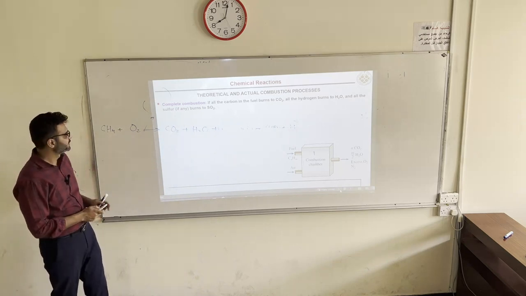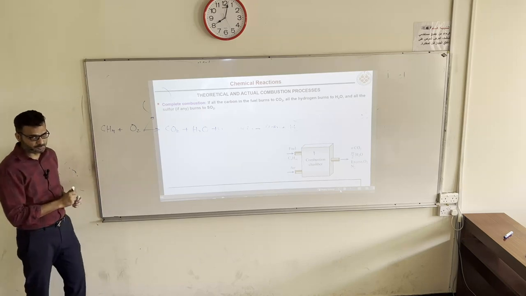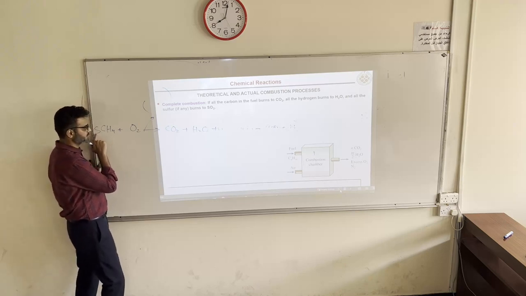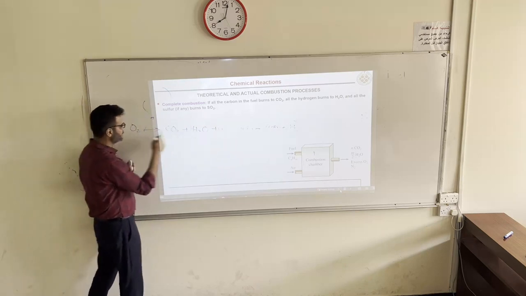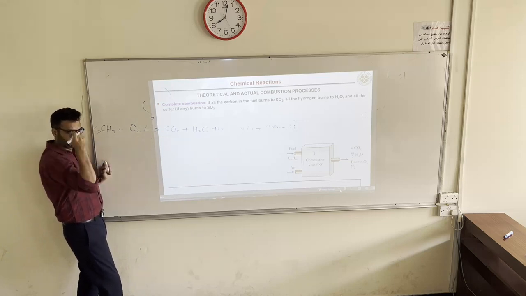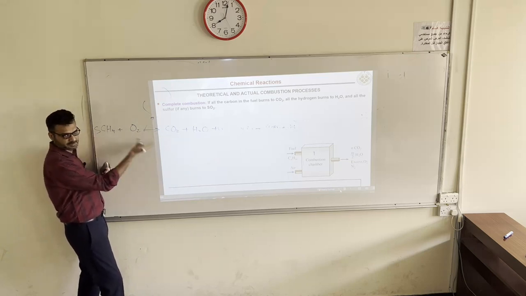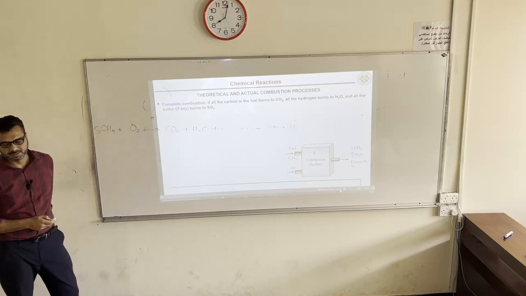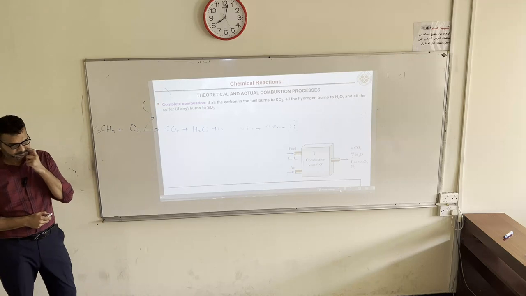And in coal you also have sulfur. So you must have sulfur in the form of sulfur dioxide. If you have sulfur as it is, it means sulfur did not react. You didn't get the heat out by the reaction of this. So that's what we call complete combustion.